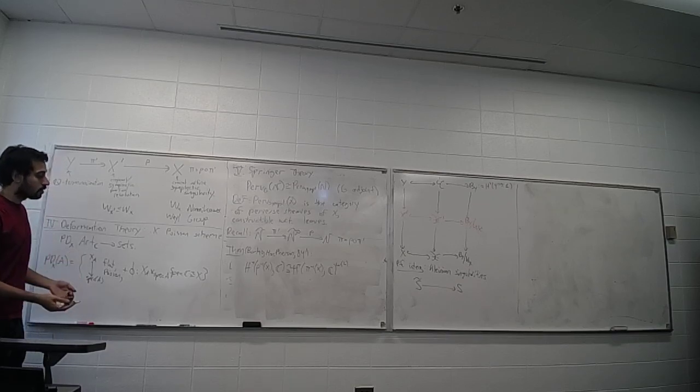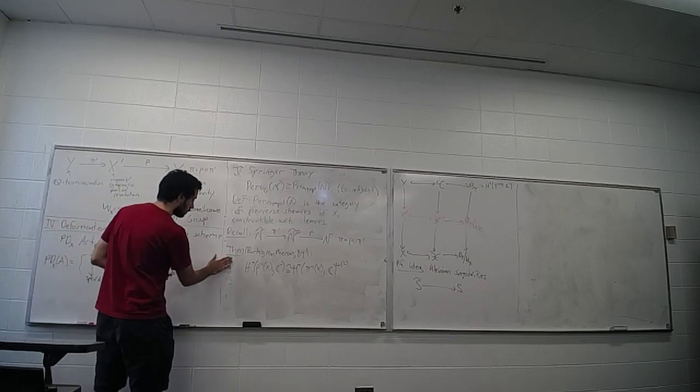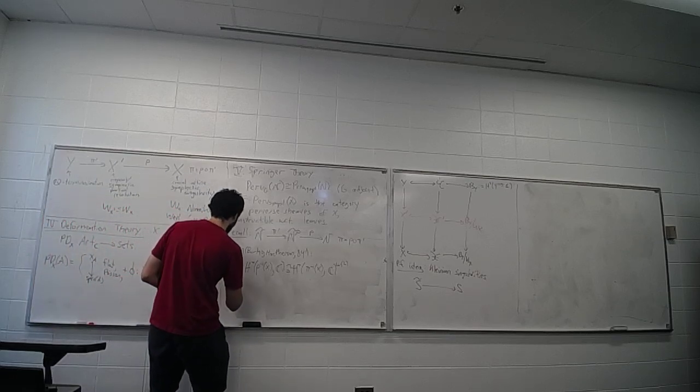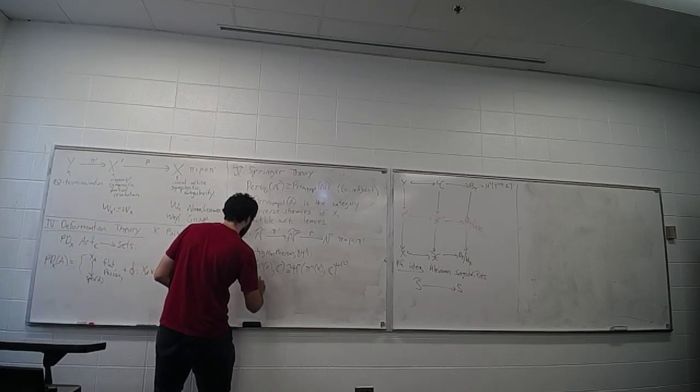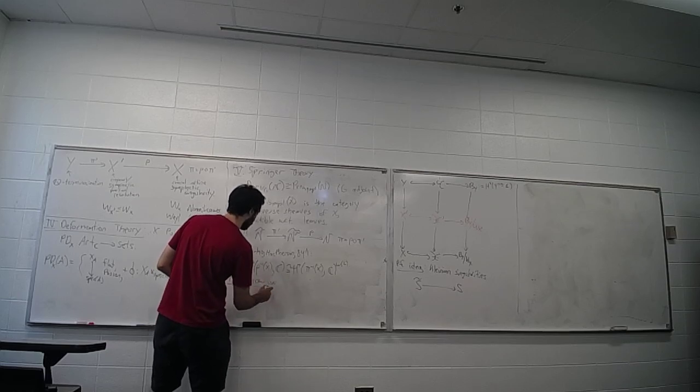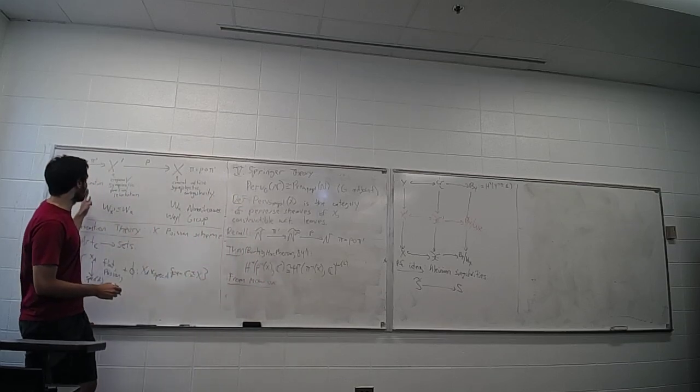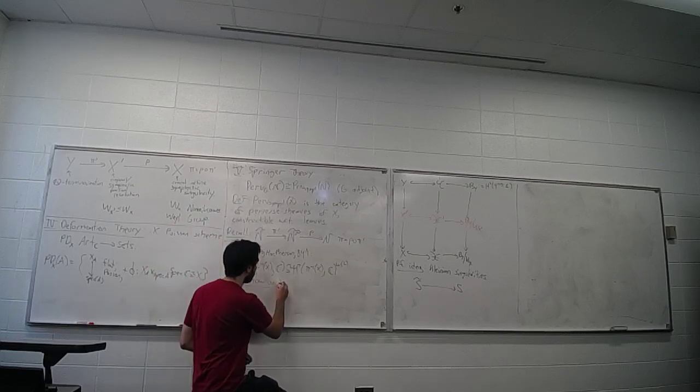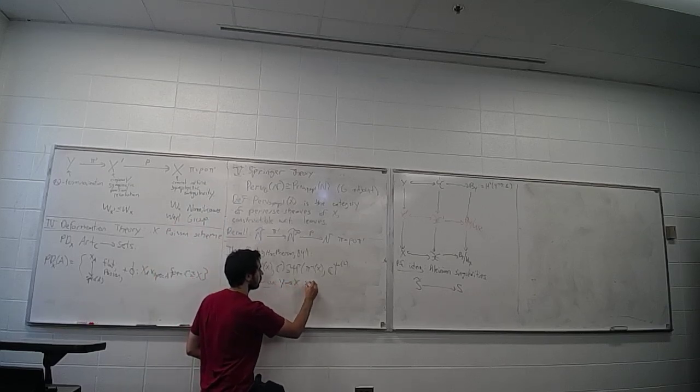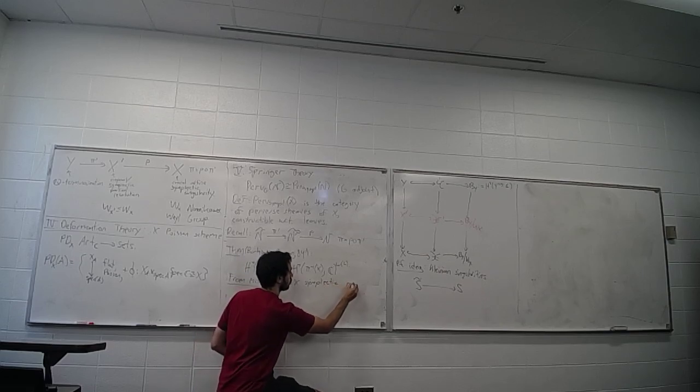Another quick thing I wanted to briefly mention is that from now on, I'm going to require that Y is a symplectic resolution of X. So Y to X is a symplectic resolution. This is mostly a technical point. I just don't want to say things which are not true.